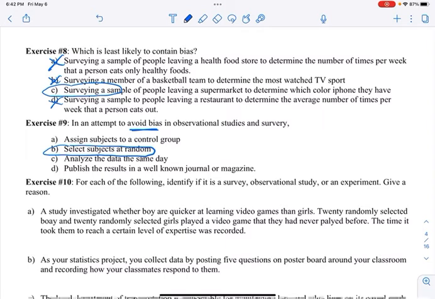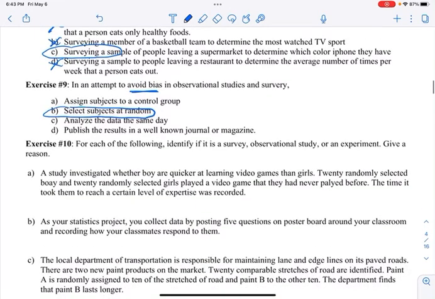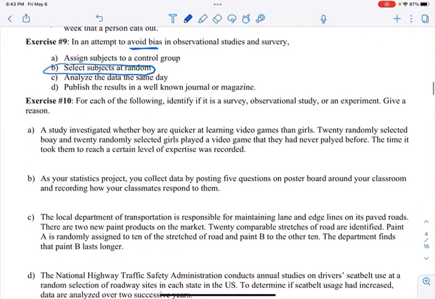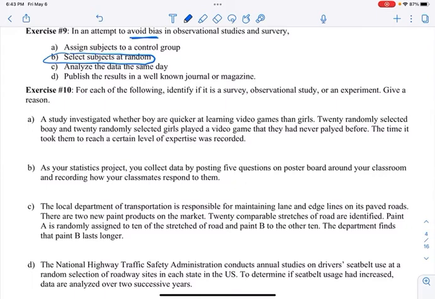It doesn't matter if your subjects are in a control group. It doesn't matter if you analyze the data the same day or next week. It doesn't matter if you publish it in a well-known journal. But if it's not a random sampling, then it really doesn't mean anything. The study's not worthwhile.